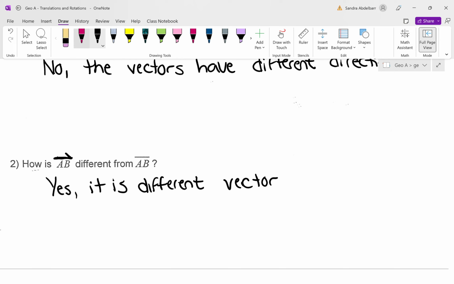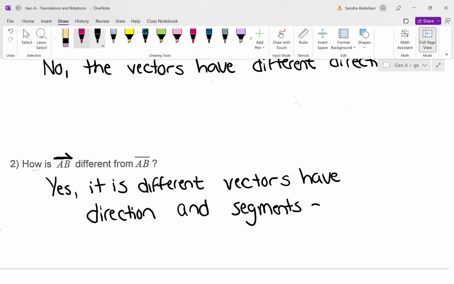Vectors have direction, and segments do not. We all get this?